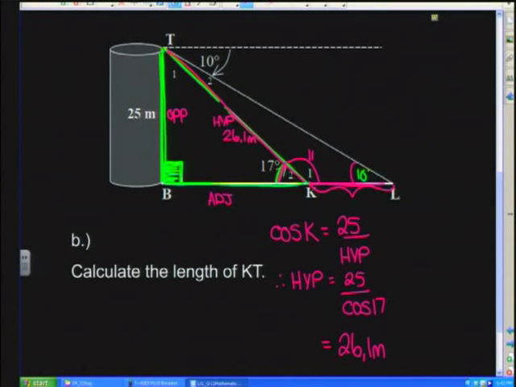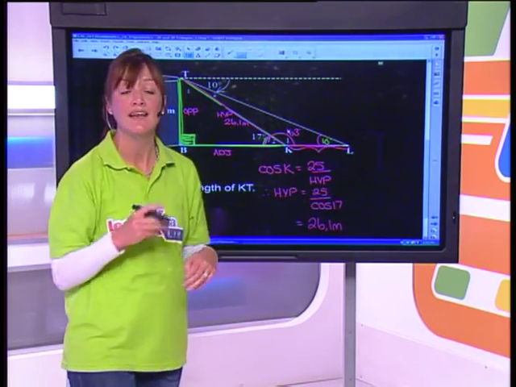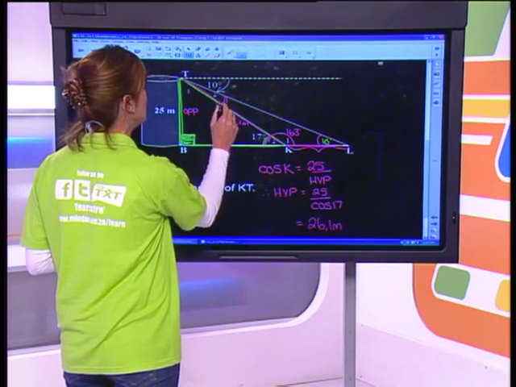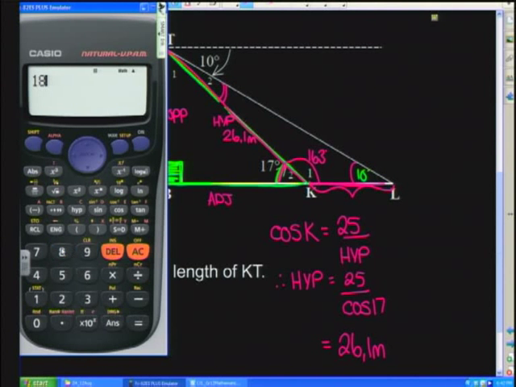So this angle over here is 163 degrees, which is going to allow me to find one more angle, because if this is 163 and that's 10, the angles inside a triangle add up to 180. That allows you to find this angle up here, angle T2. So take your full 180 degrees, take away the 163 that you've just found, and take away angle 10, and it leaves us with 7.